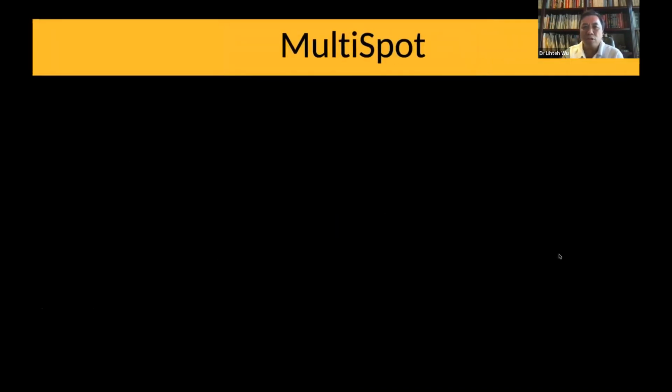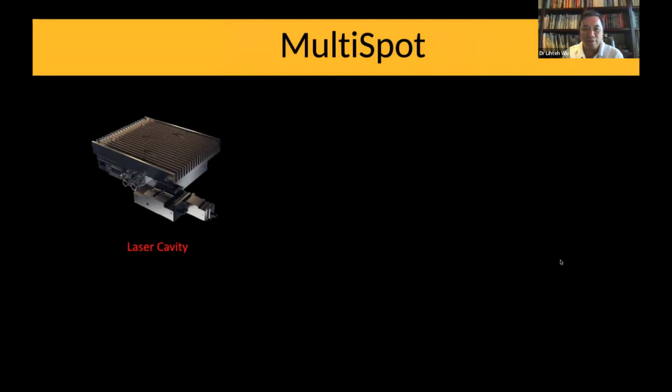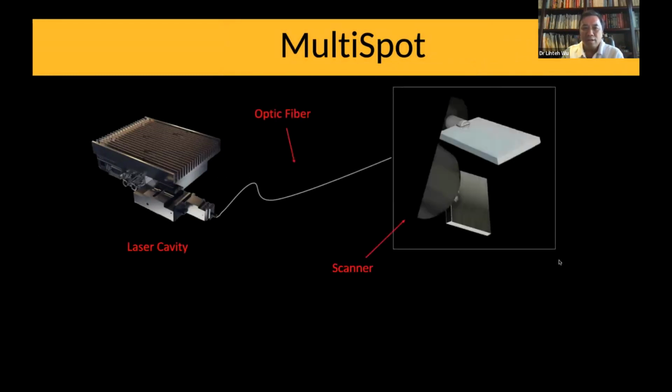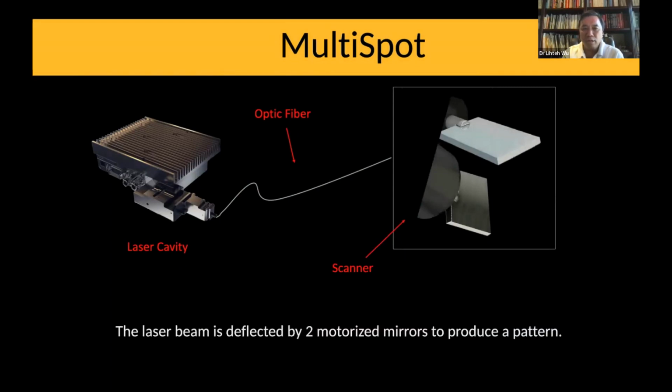The other point I want to talk about is the multi-spot or the patterns. You will recall that the laser works with a motor that moves a mirror, and that is how we get the different burns in a set pattern. This is important because of the movement of the motor.